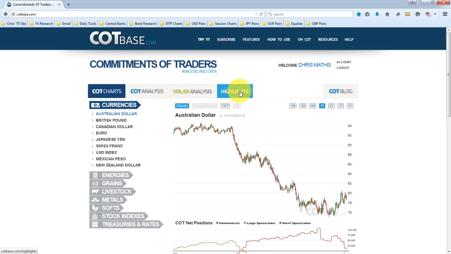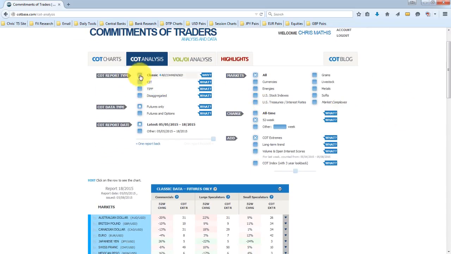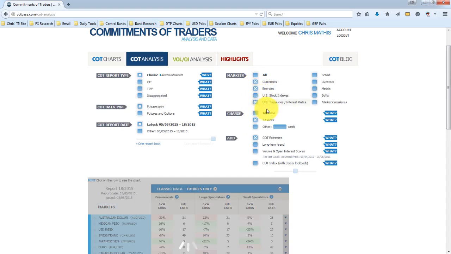You have highlights over here where you can really break things down. And my favorite part is the COT analysis, right here, where you can actually go through and change these settings to see what you really want to see. You can change it from all to where you're just looking at, say, currencies and energy, U.S. Treasuries and interest rates and the stock indexes.